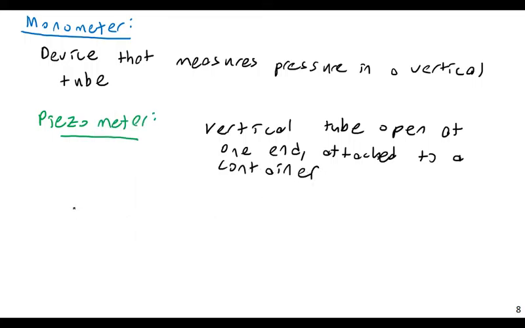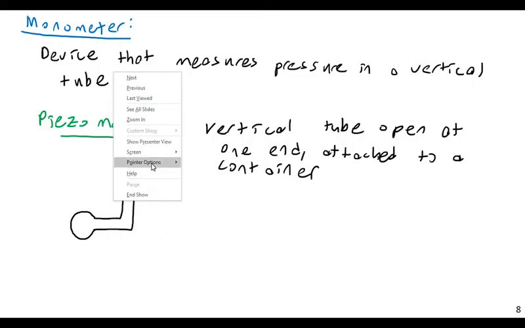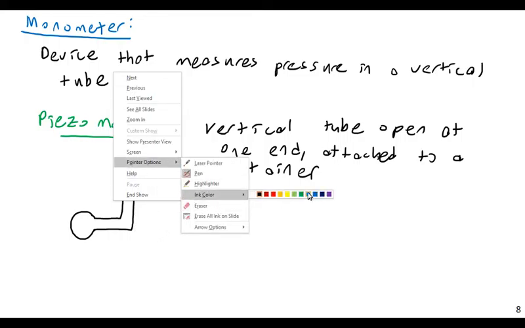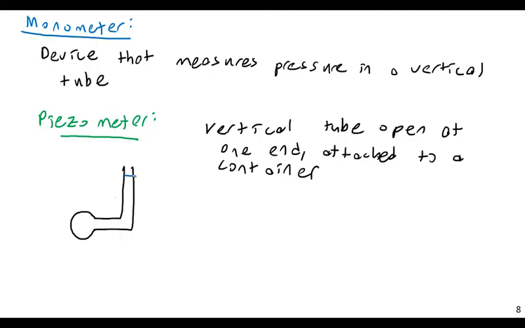So say you have a vessel or a container here that's at a certain pressure, and you have a vertical tube like this here, and there's going to be a free surface. You're going to have the same fluid inside the tube, your measuring device, as you do inside the pressure vessel that you're measuring. So if you're using this for a boiler or something, it might actually work.